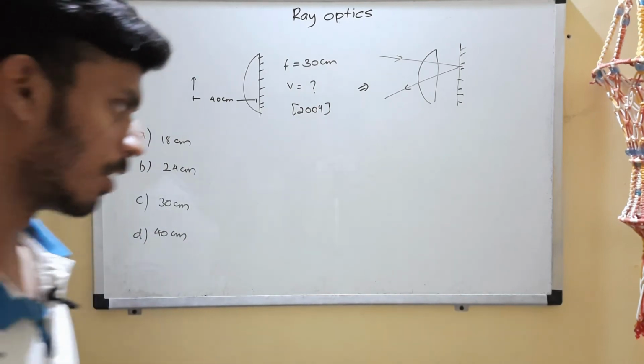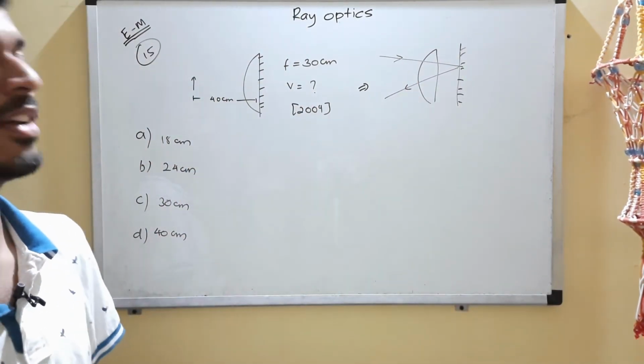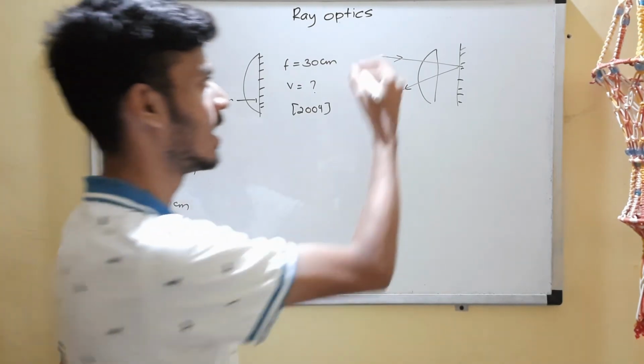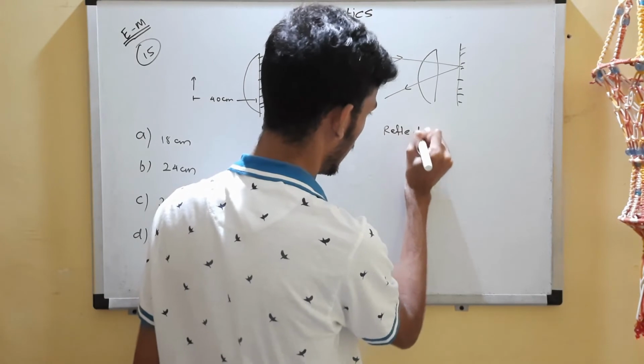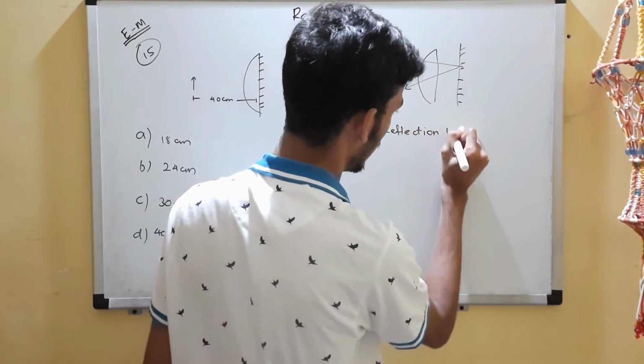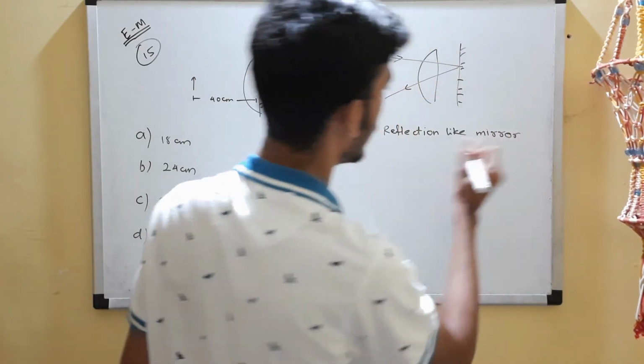Of course there is refraction, but I'm not showing it. You can see that there is reflection, and the net effect is like a mirror. So the system behaves like a mirror.